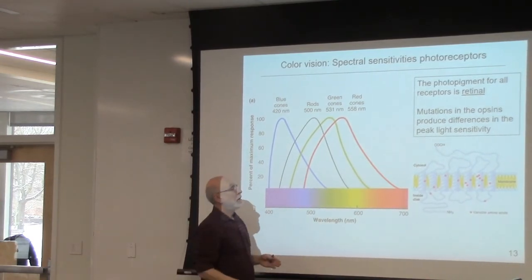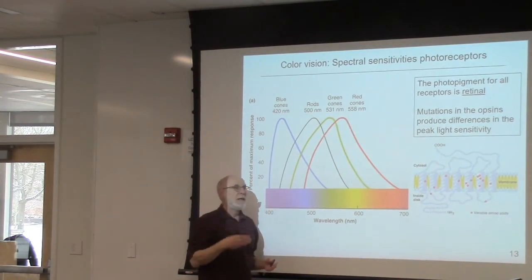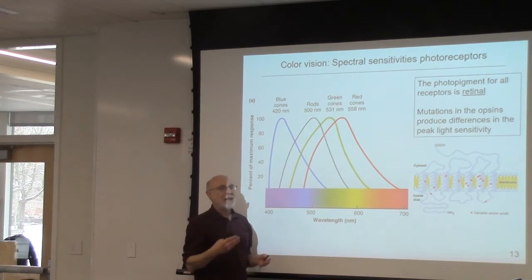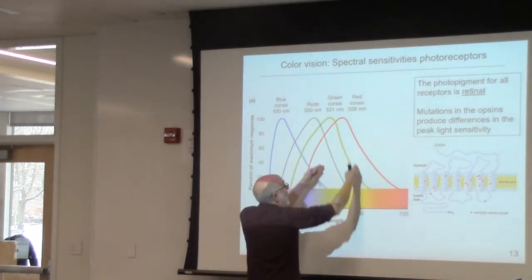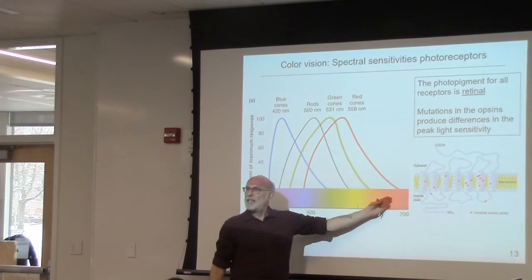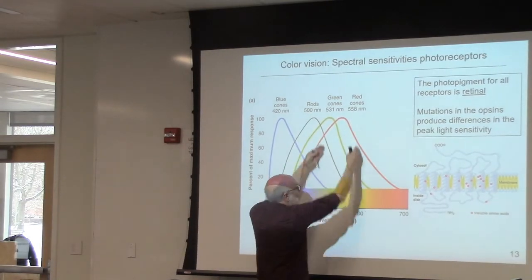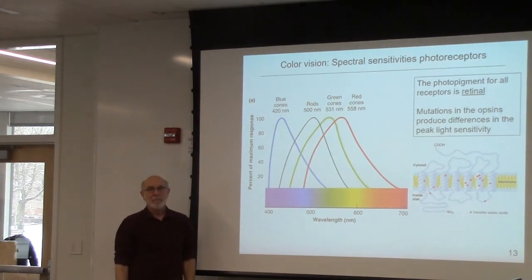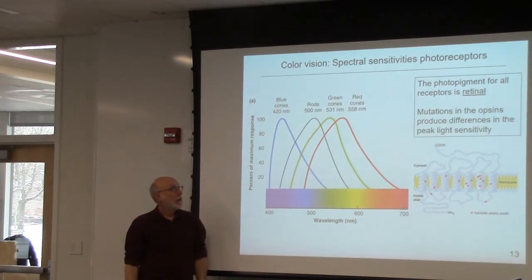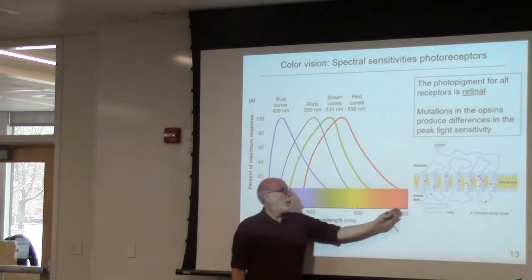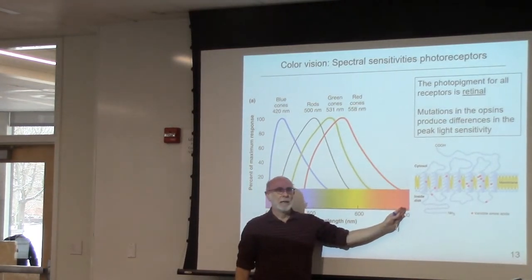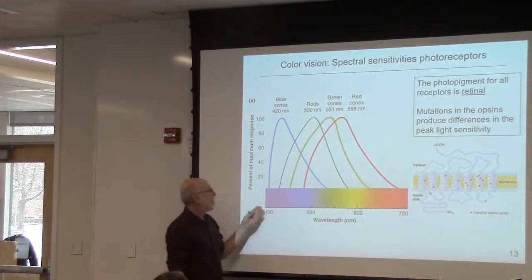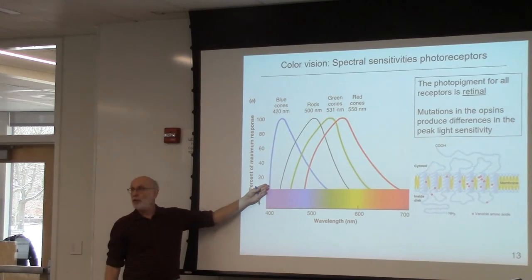And we have so-called red cones, red sensitive cones that express a red sensitive opsin, which is actually a misnomer because they are sensitive to red, but they are most activated by yellow. So you can see that deep red light is activating only the red cones. Deep purple light is activating only the blue cones.